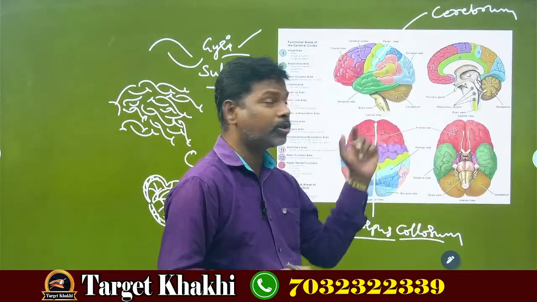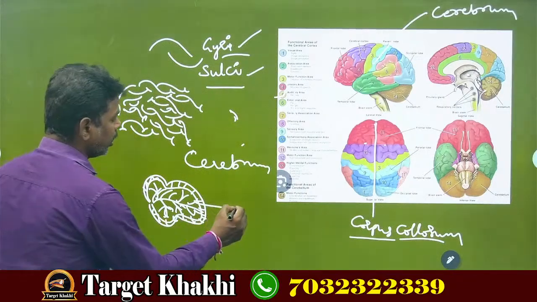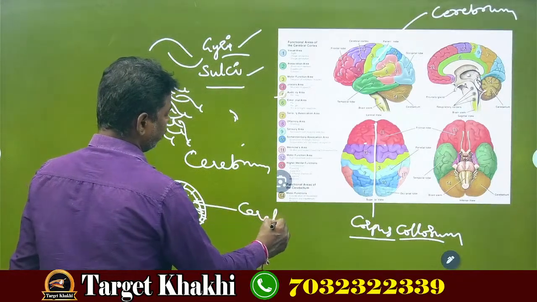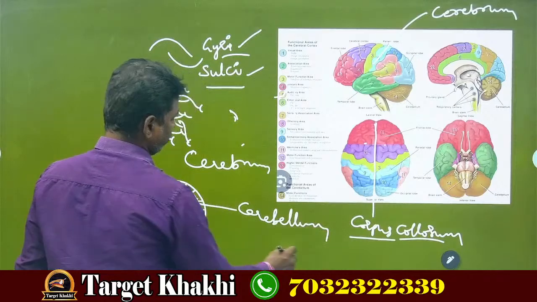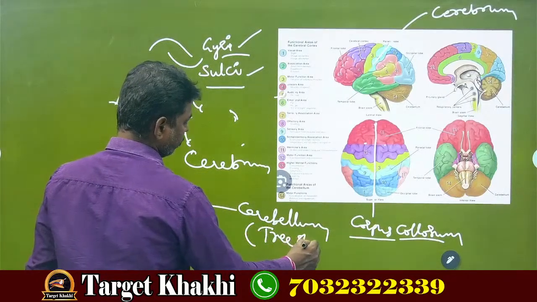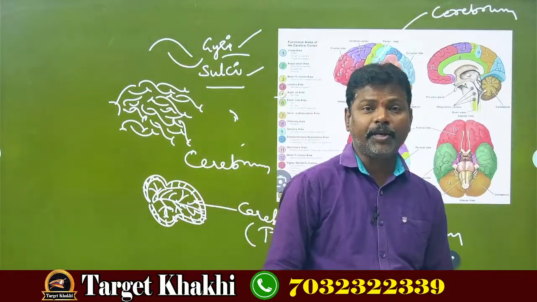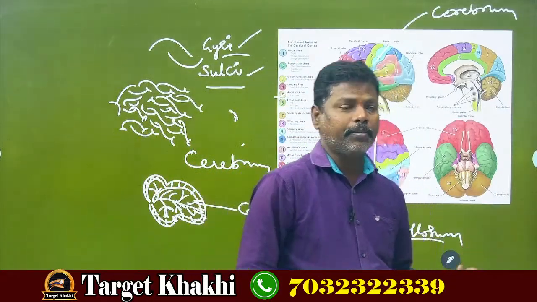That's why it is also most important. It is present in the form of a tree shape.